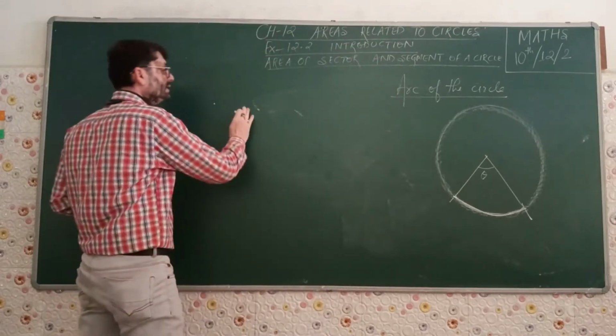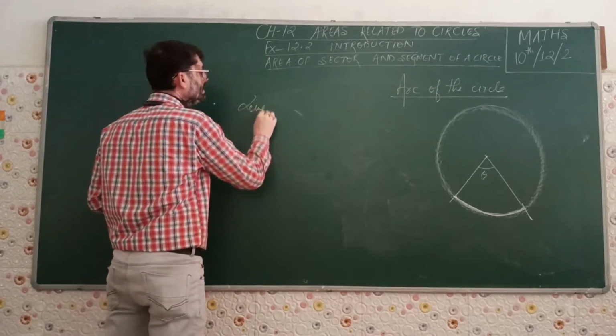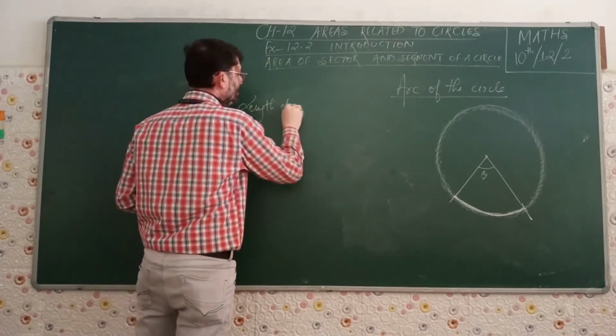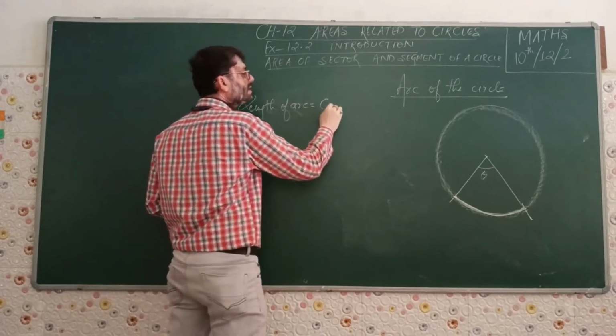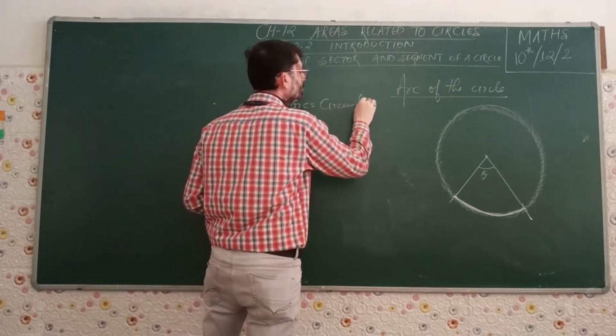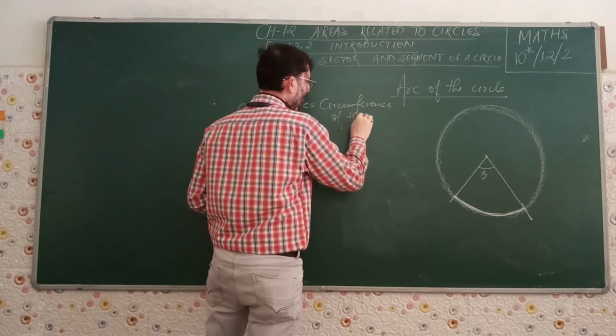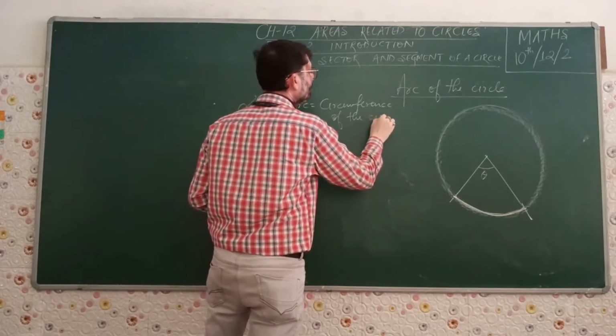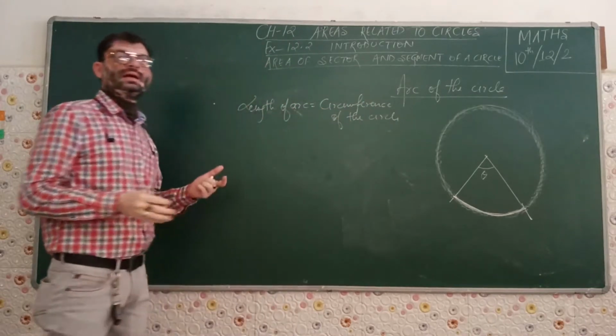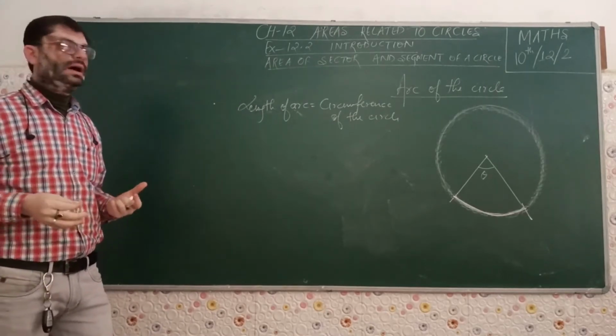We have learned in our previous sections that the length of the arc is related to the circumference of the circle. The whole circumference or perimeter of the circle can be considered as the total length of the arc.